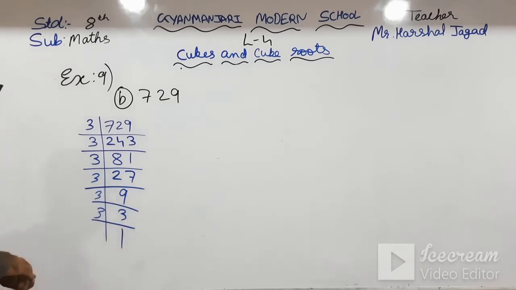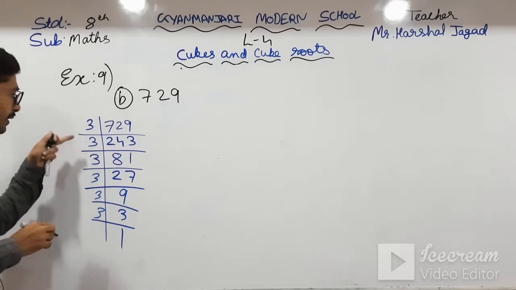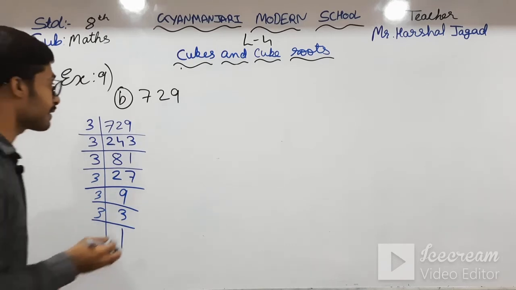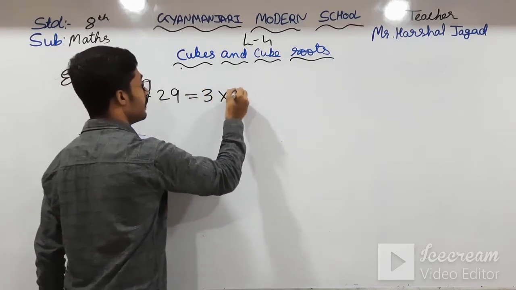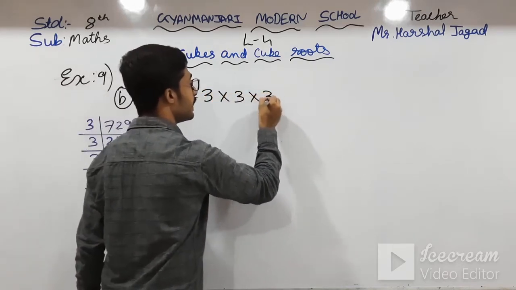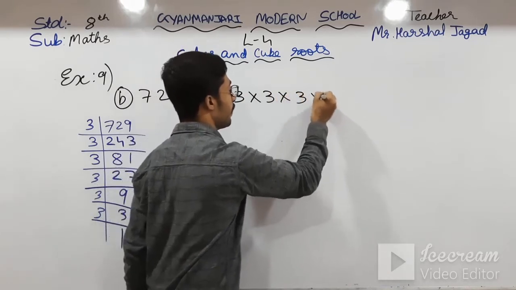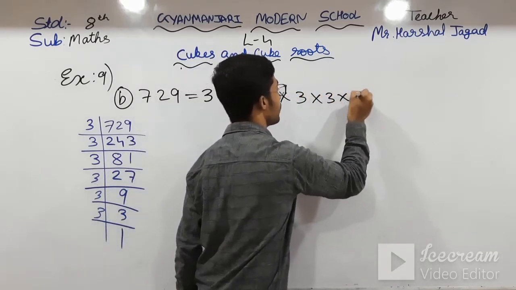Okay students, how many times 3? 1 2 3 4 5 6 times 3.